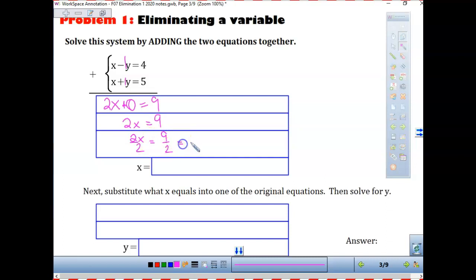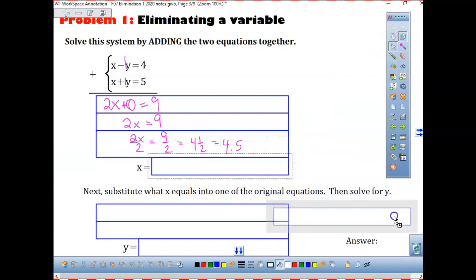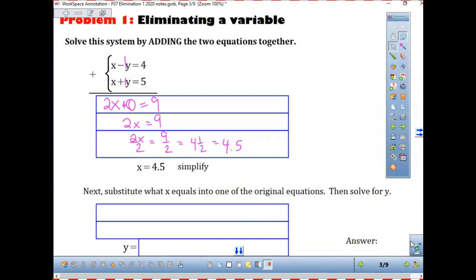Sure. 9 over 2, I could leave it that way, but that is 4.5. So when I am solving for x, x is going to be equal to 4.5. Usually we write it as 4.5 instead of a fraction.